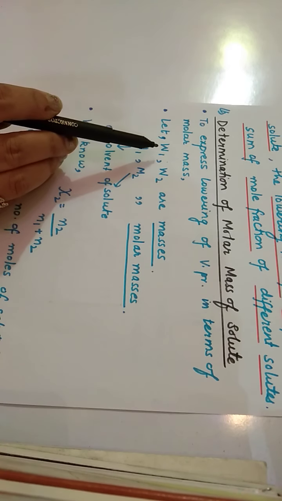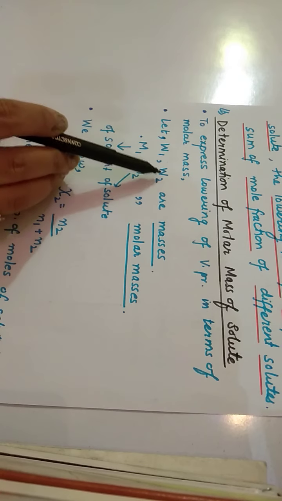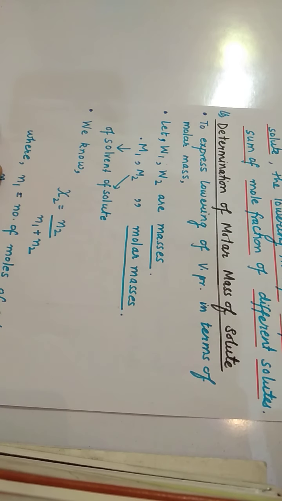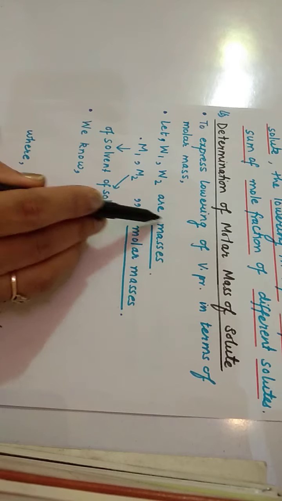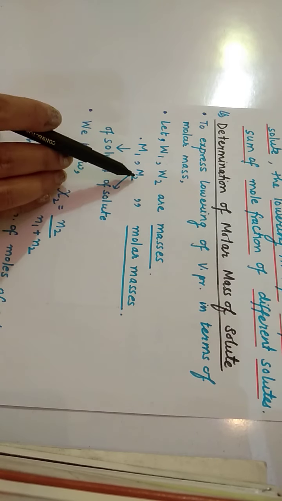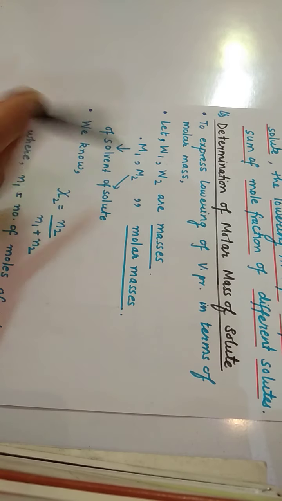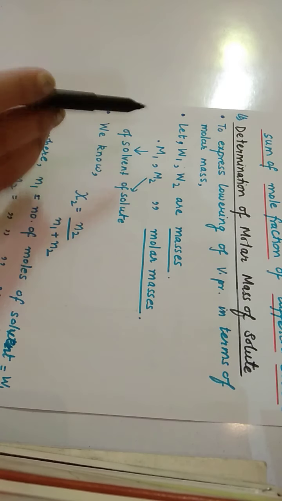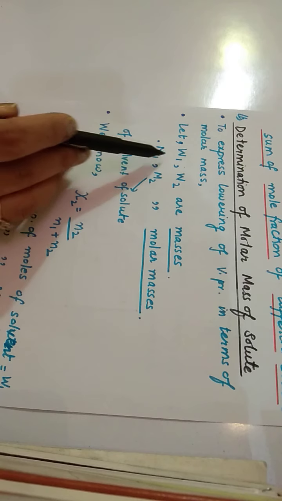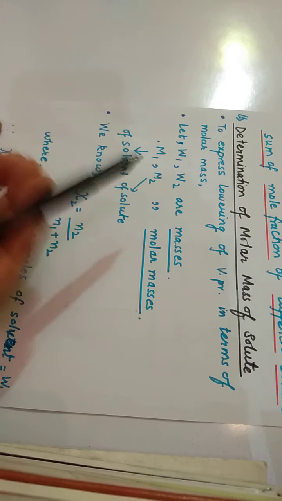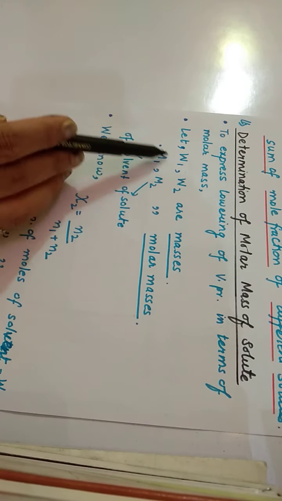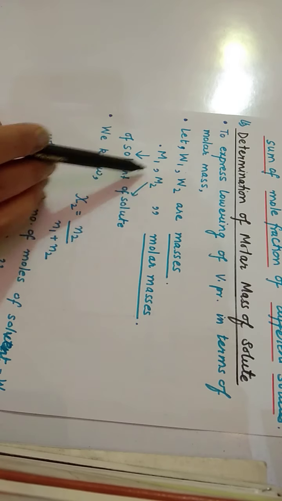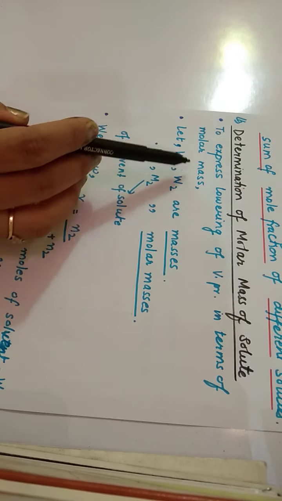Children, what I have taken W for is the masses. In questions, you have done this with number of moles; it is the given mass. And M1, M2 are the molar masses of any substance. I have told you earlier also that 1 is taken for solvent and 2 is taken for solute. So M1 is the molar mass of the solvent, M2 is the molar mass of the solute.